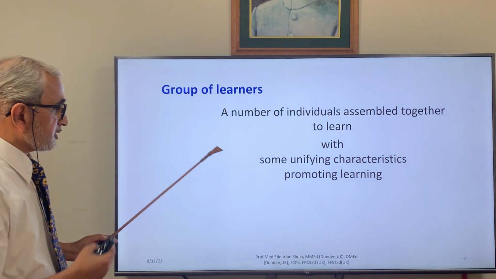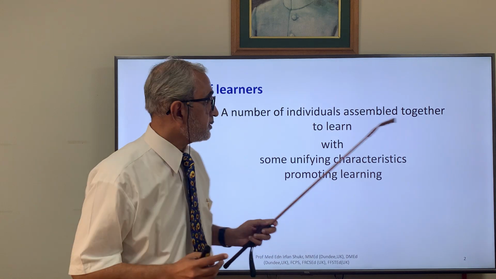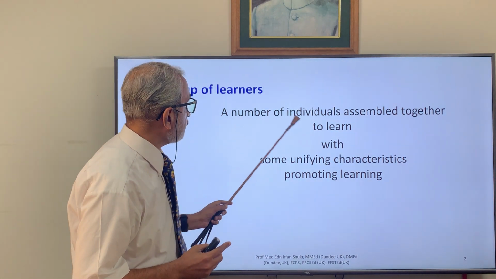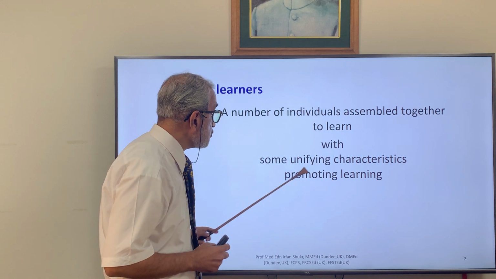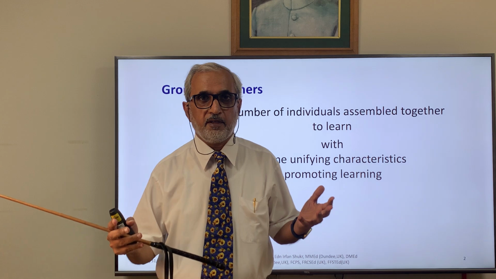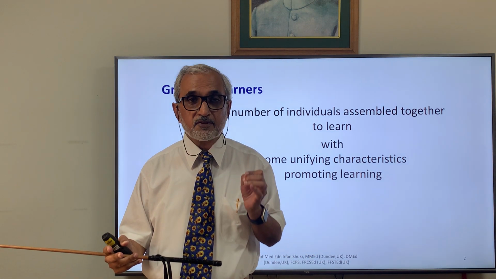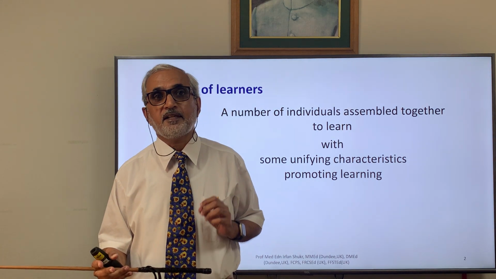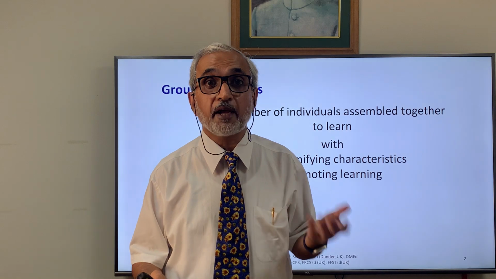A group of learners is a number of individuals who form a group. A number of individuals assemble together to learn with some unifying characteristics. Those characteristics should promote learning, encourage learning, and help in learning.